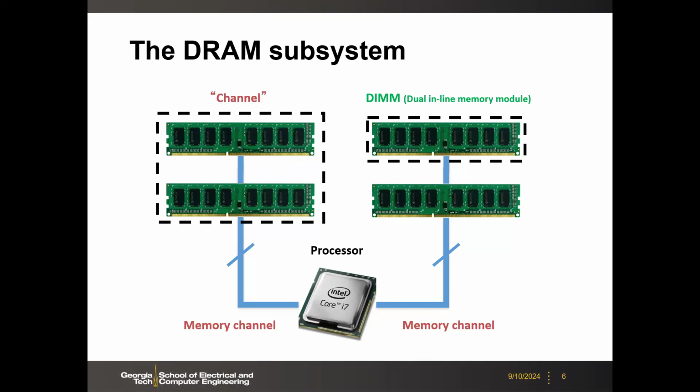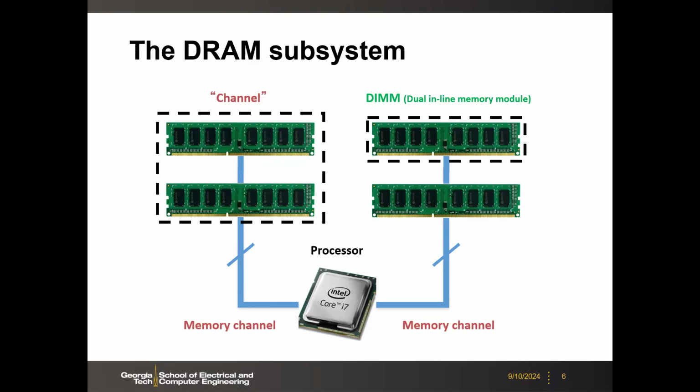Your processor may have different communication channels to a group of these boards. Here, this is a channel, which means you share the I/O and the data bus. And here you may have two of these cards inserted into the motherboard.